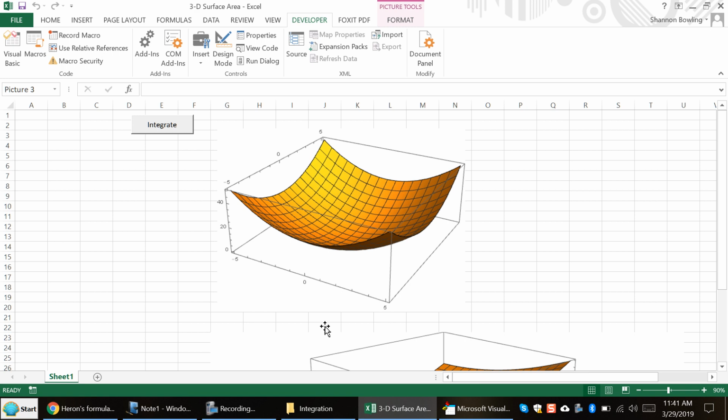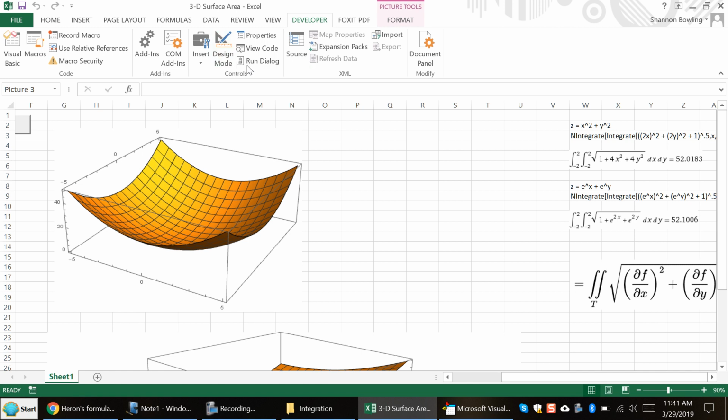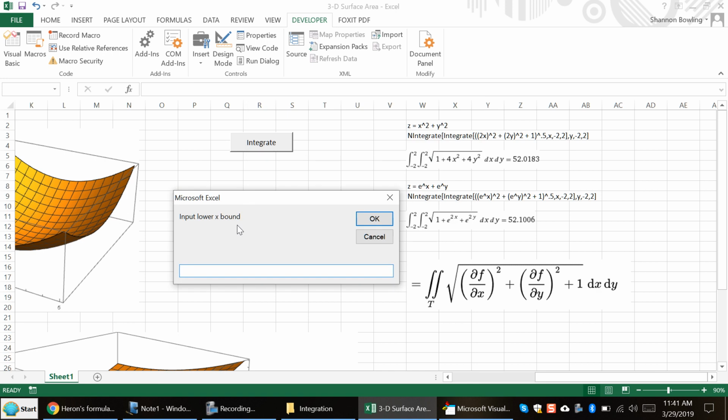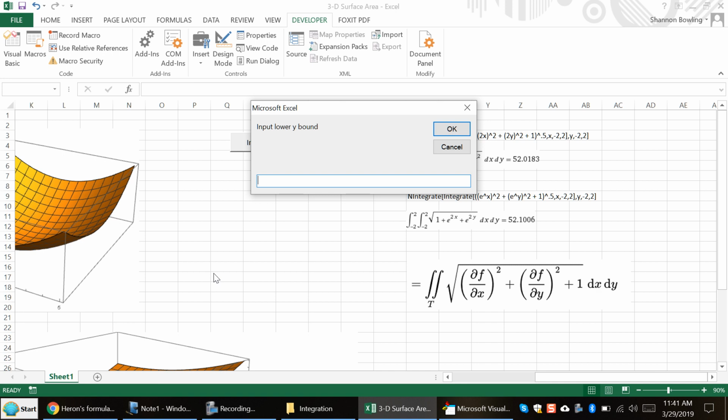All right, sounds great in theory, but let's see how it actually works. All right, so let me move this guy over here. I've got a couple answers that I've already calculated. So let's run it, and let's say my lower bound is -2, my upper bound is 2, -2, 2, and then number of divisions.